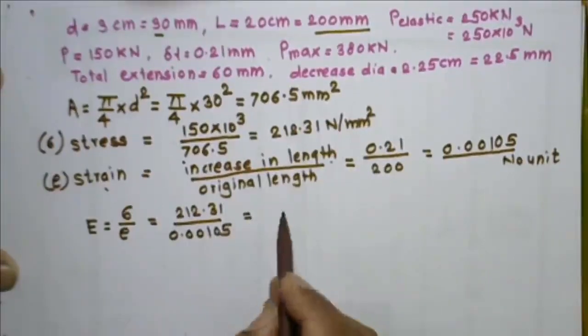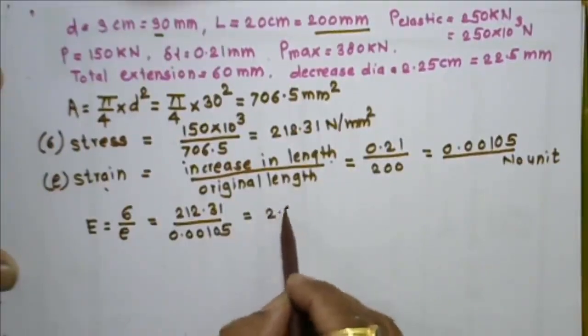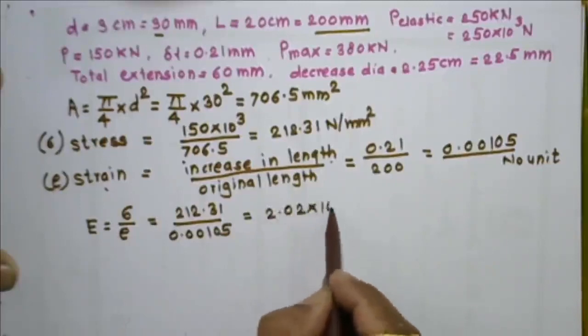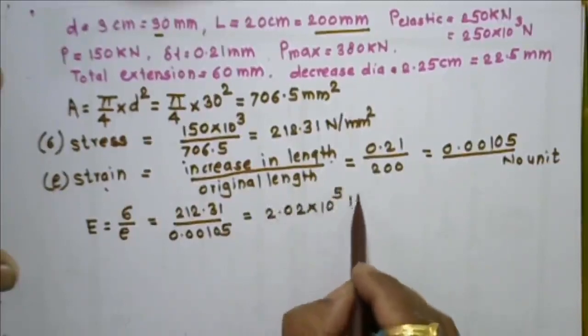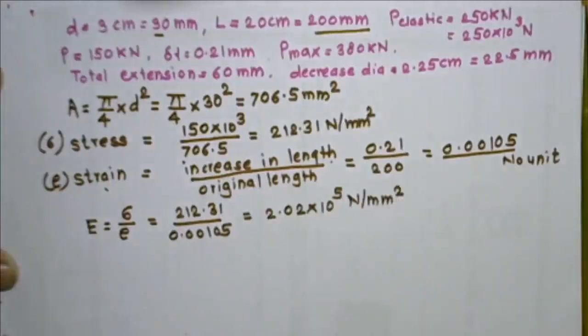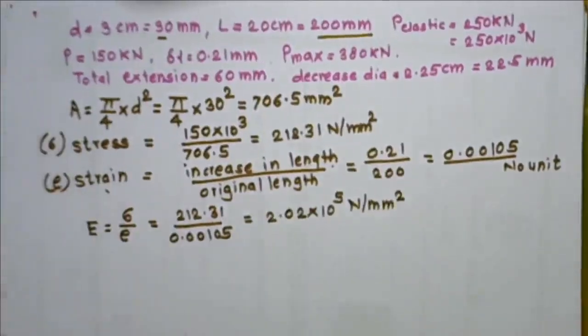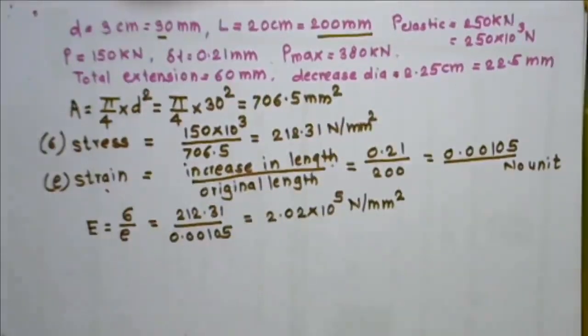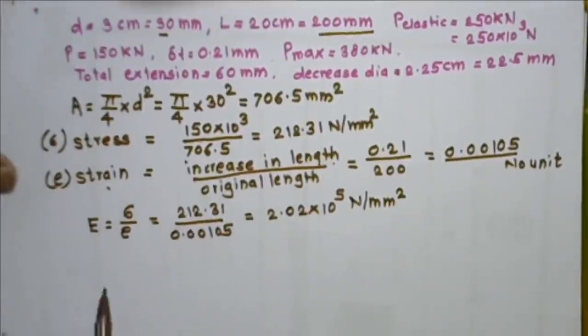Do these calculations, you will get the answer 2 into 10 raised to 5 Newton per mm square. This is our first answer.